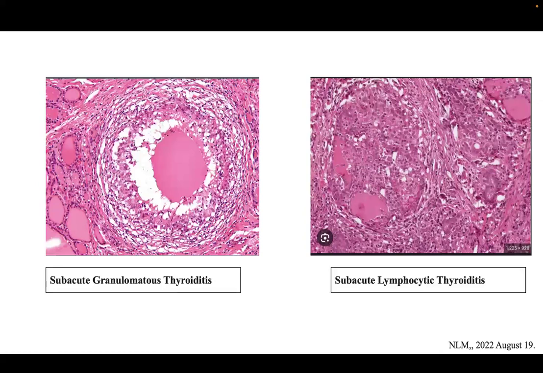Here we can see subacute granulomatous thyroiditis, where there is granulomatous inflammation and multiple multinucleated giant cells. This is also subacute granulomatous, with a non-caseating granuloma with inflammatory cells, and the other picture is that of subacute lymphocytic thyroiditis, where there is lymphocytic infiltration.